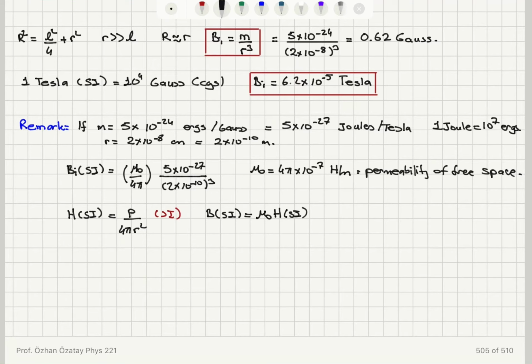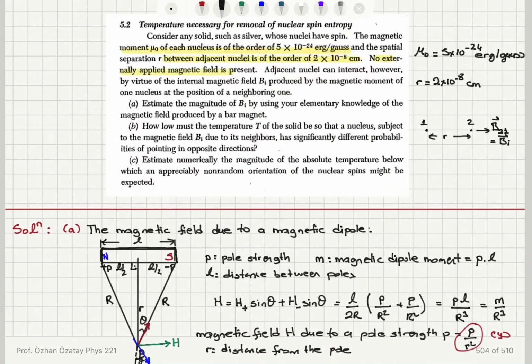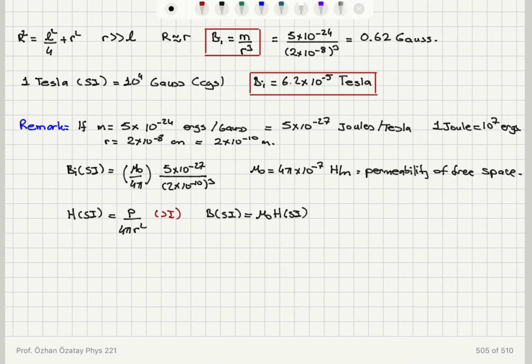Okay, so let's look at part B of the problem. Now that we know the magnetic field created by the nuclei, how low must the temperature of the solid be so that a nucleus subject to the magnetic field B internal due to its neighbors has significantly different probabilities of pointing in opposite directions?